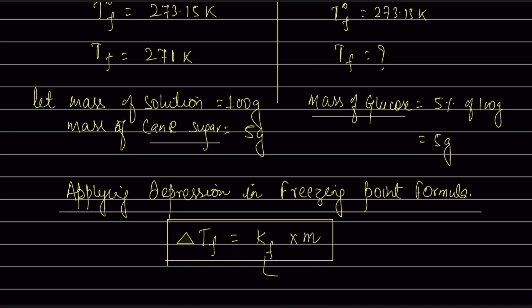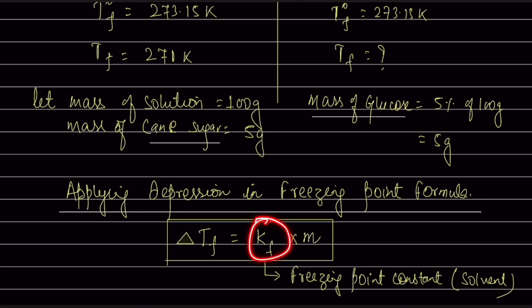Here KF is the freezing point constant, and it only depends upon the solvent. It has no relation with the solute. Whether we are using glucose or cane sugar, in both cases this KF remains the same because it depends upon the water.